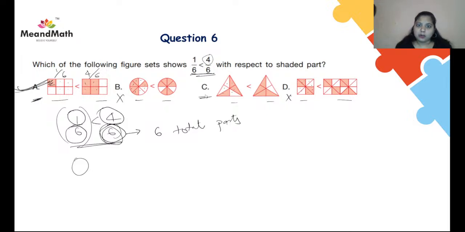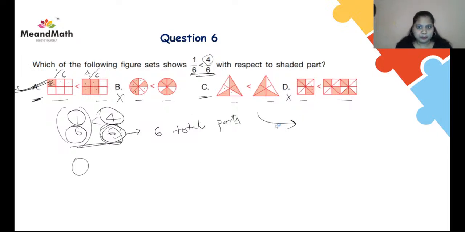Now we also found option C, so we'll check just in case it is the answer or not. But if you find the option earlier, you can just choose the answer and move on to the next one. We need not waste our time with the remaining options. Let us see this.